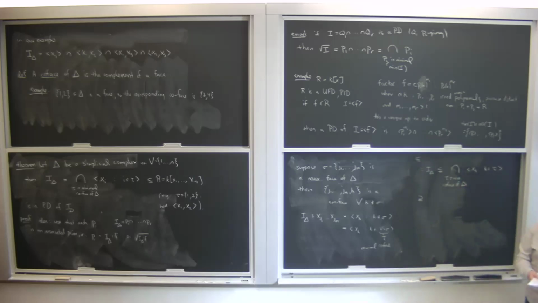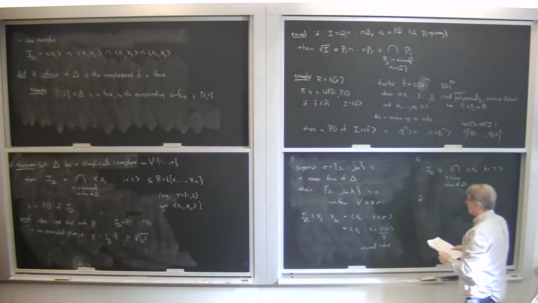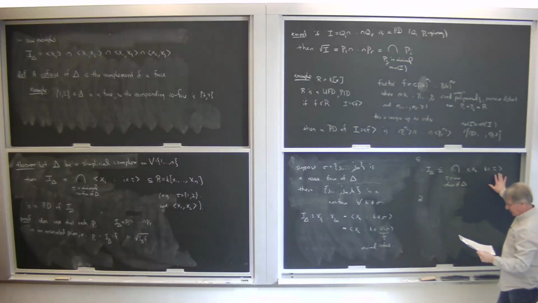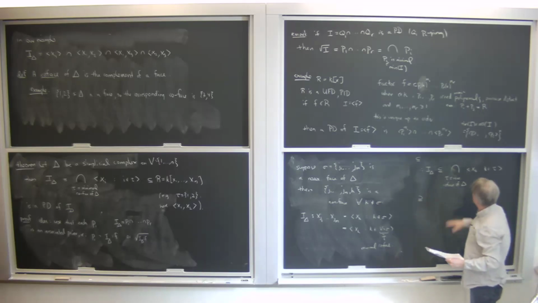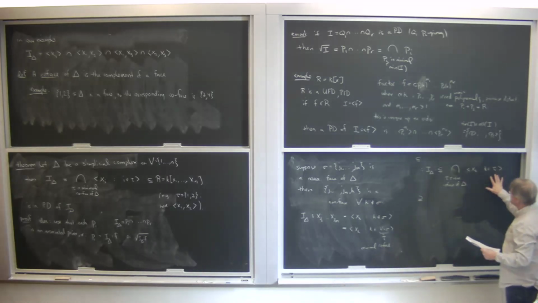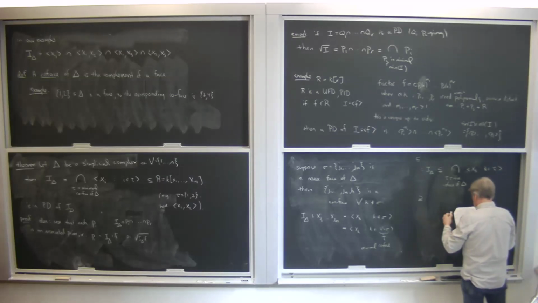The other direction, I think I have written down: just take a square free monomial in the right-hand side. Okay. The corresponding subset has to be a non-face because it's in this. I mean, corresponding subset. This is going to be confusing, so it's better to think about it.